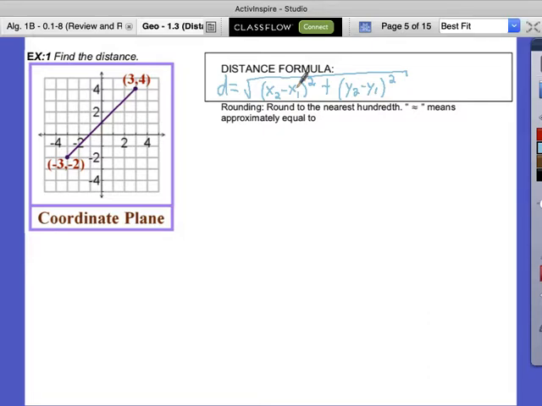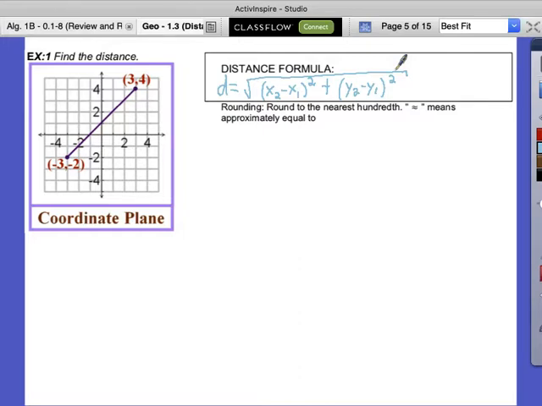You find out how far the x's are apart. And you square it. Then you do the same thing with the y's. You find how far the two y values are apart by subtracting them. Then you square it. You add them together. And then you square root. Okay? Maybe that makes a little more sense. Maybe it doesn't. Okay? Even if it made sense for one of you, that's awesome.